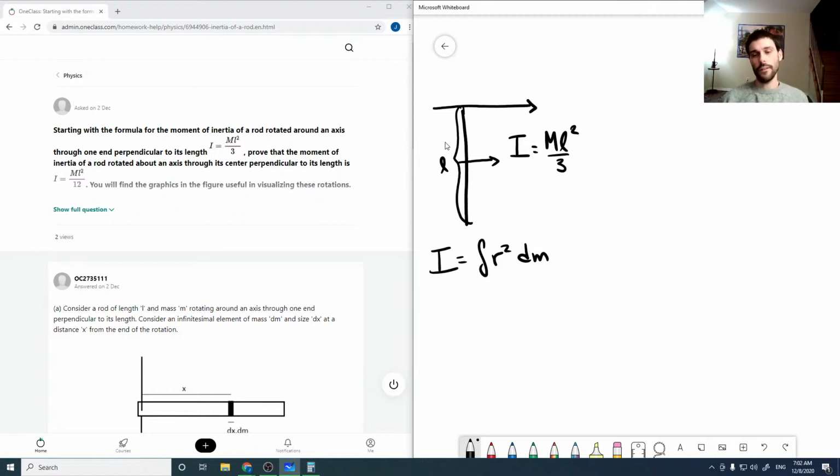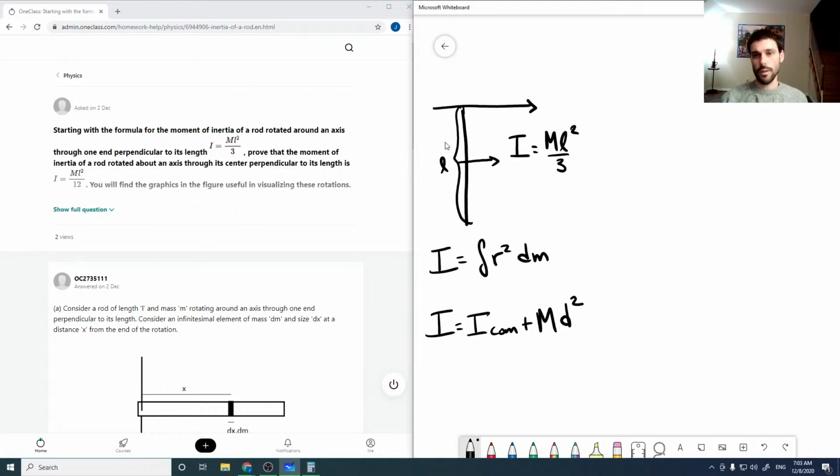and then start summing up masses. We can also use a kind of nifty little trick here. Armed with the moment of inertia about its center of mass, so that would be the middle, we can find the moment of inertia about any other axis by just adding md squared, where d here is whatever distance we're moving.